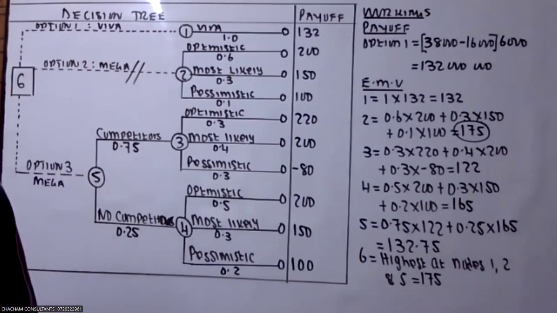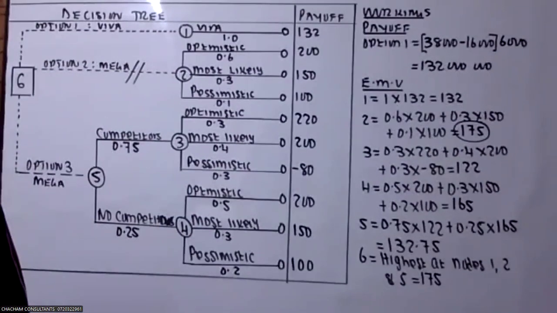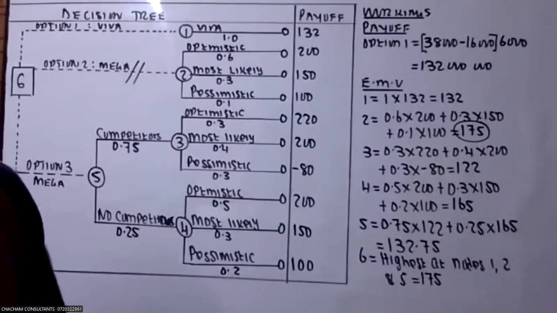So the question was asking us to use the decision tree which you have drawn, get the expected value, and recommend the option to choose.